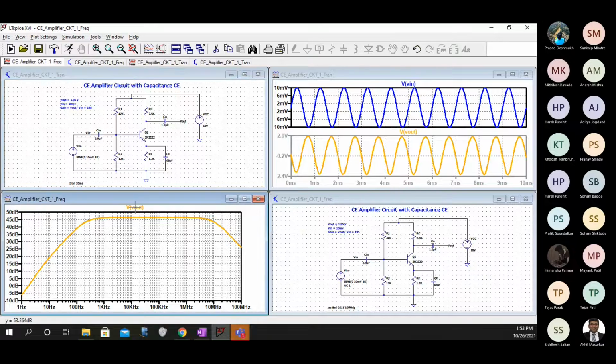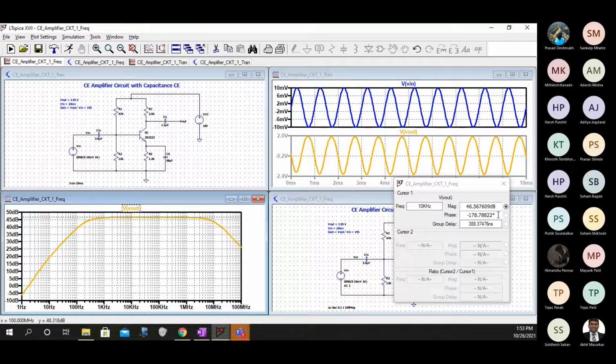So this is dot tran, and this is the output of the frequency analysis. From the frequency analysis we came to know the range of frequencies where this flat portion is. Let's say you are trying to amplify a boy's voice and a girl's voice, or a duet song with two main frequencies, one of a girl and one of a boy.